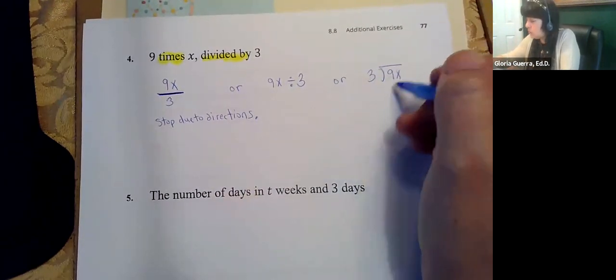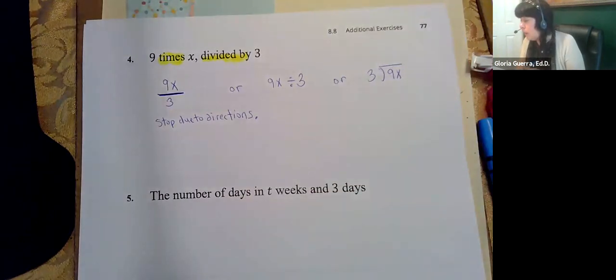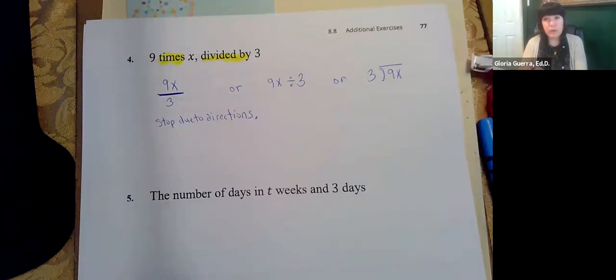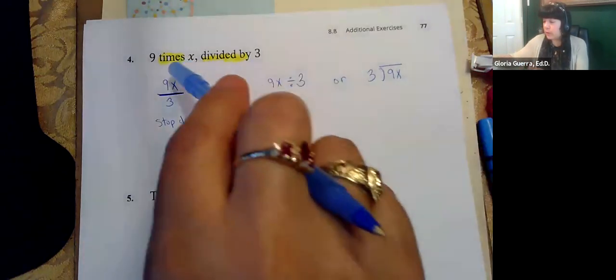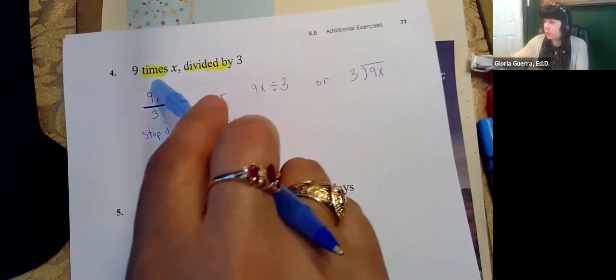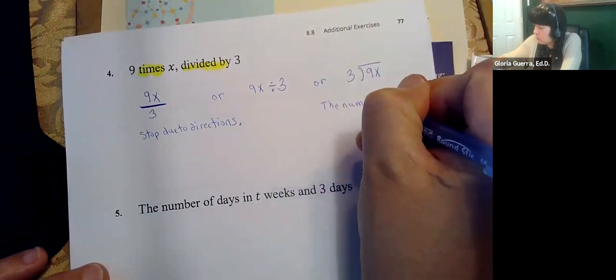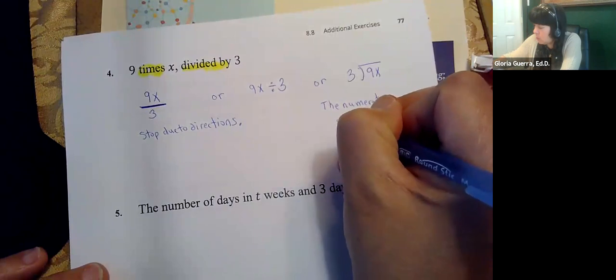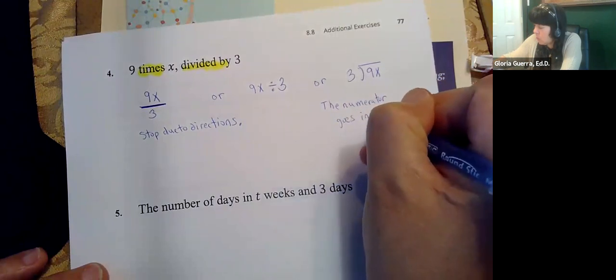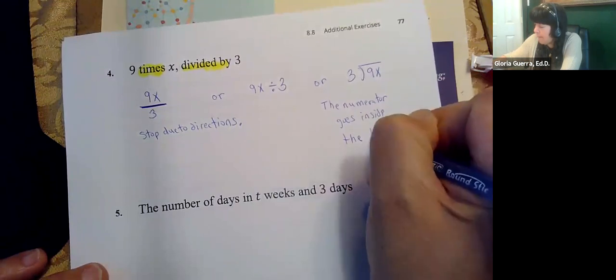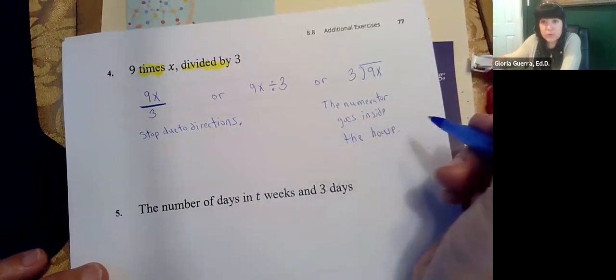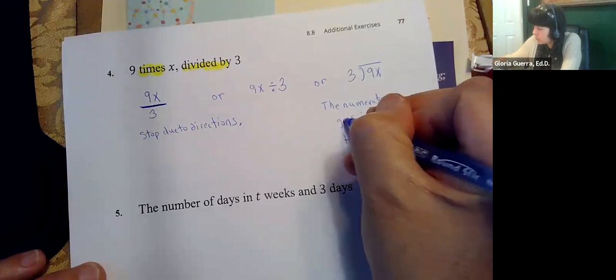And 3 goes into 9 3 times, right? But we'll stop there. But technically you could write it like that too. That's saying 9x divided by 3. This is to help you knowing that to set it up, the numerator goes inside the long division house.